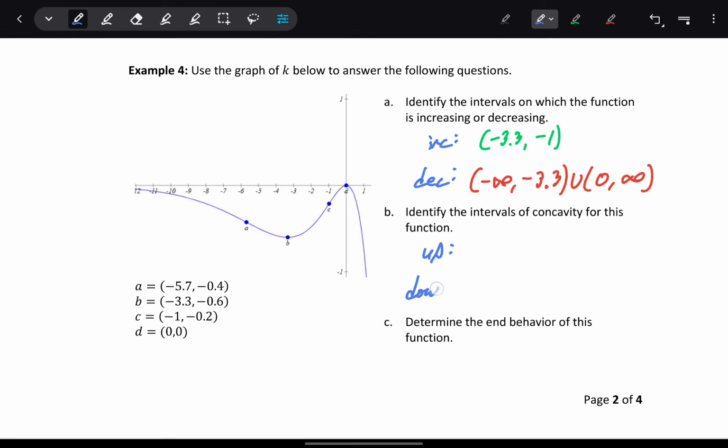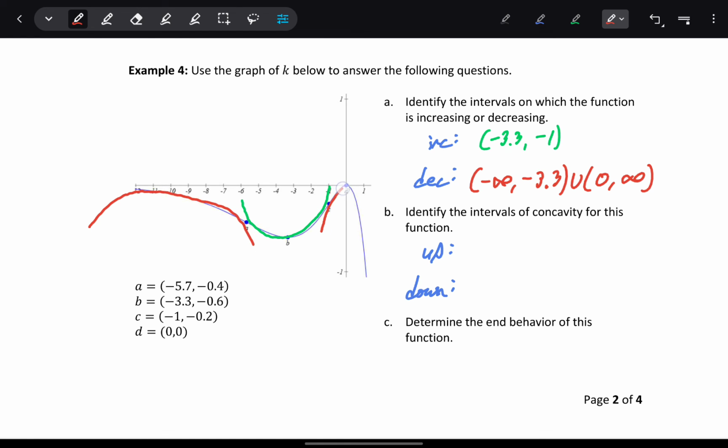In part B, we'll investigate concavity again. We can see that from A to C, our function is making this bowl shape. From negative infinity to A, we have this upside down bowl shape.